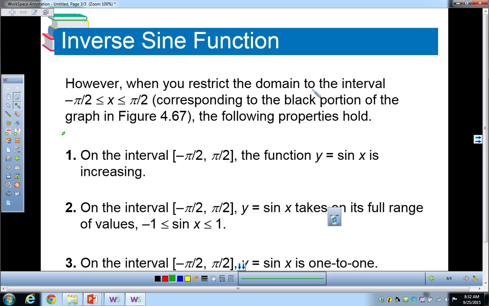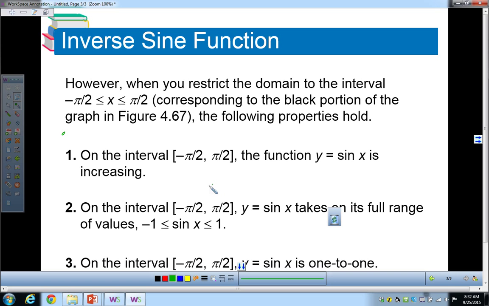However, when you restrict the domain to the interval x from negative pi over 2 to pi over 2, corresponding to the black portion of the graph on the last page, the following properties hold. On the interval from negative pi over 2 to pi over 2, the function y equals sine of x is increasing.